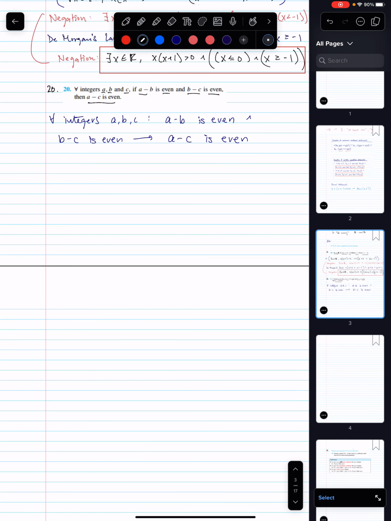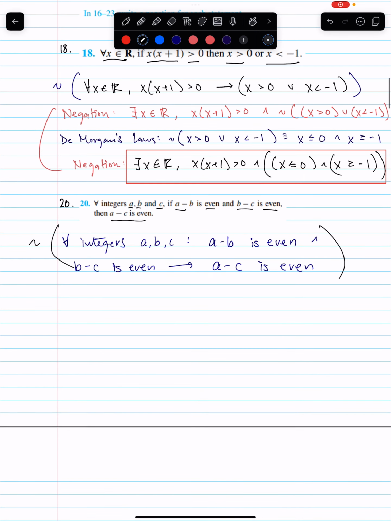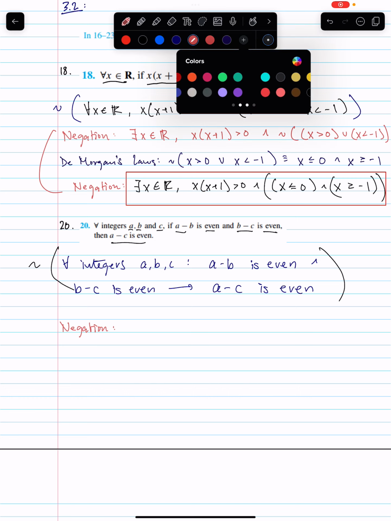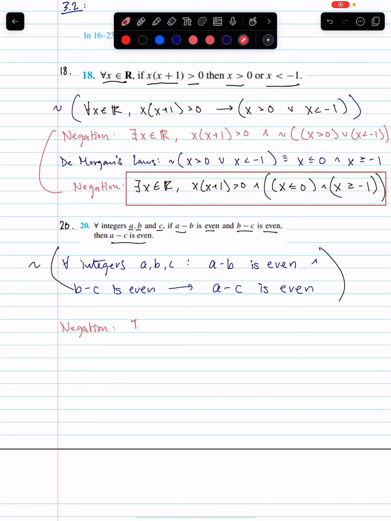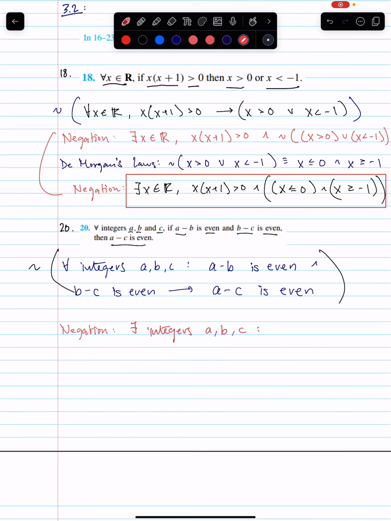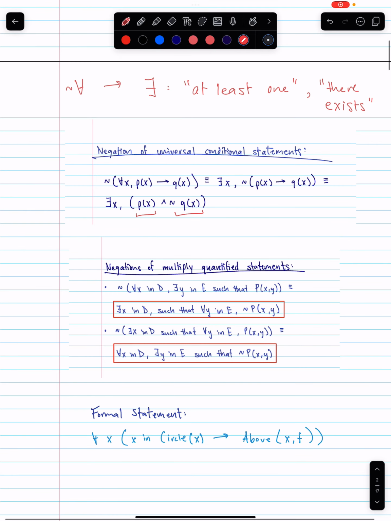Right, so now we want to find the negation. Just as before, the negation of this will start with, let me grab another color, there exists integers a, b, c. And then the inside, if p then q, is p and not q.